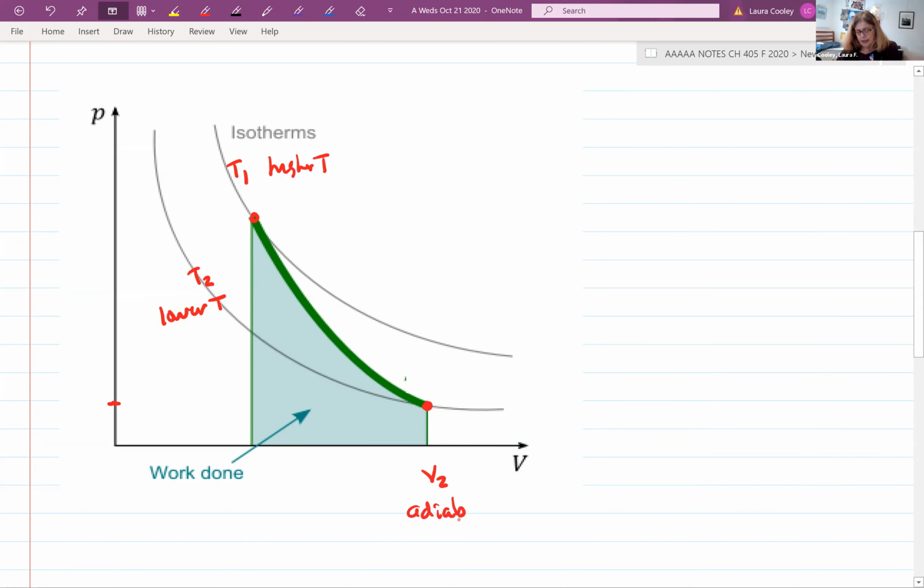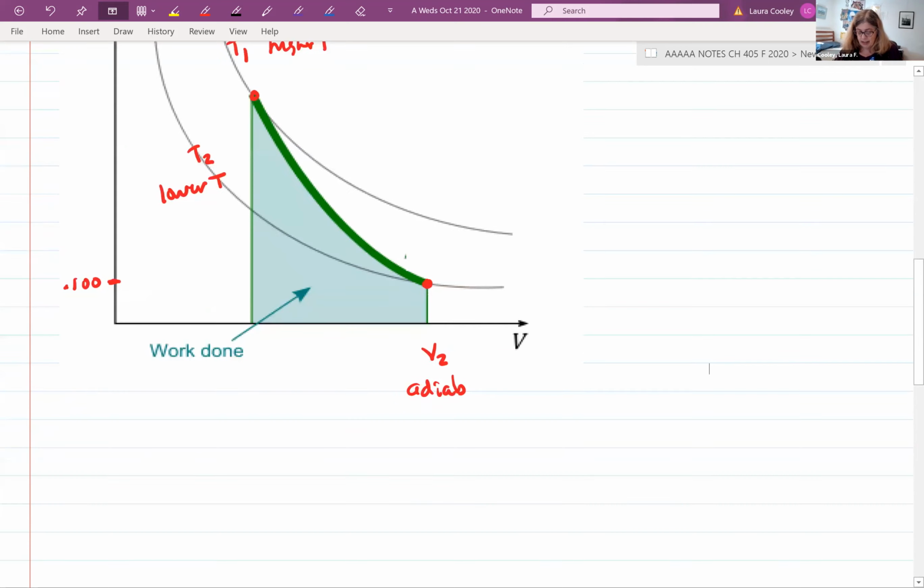Now, the final pressure will be 0.1 atmospheres, which is the same for the constant pressure in the adiabatic case. But because the temperature will be different, the final volume will be different. So this is different from what we did with the isothermal constant pressure and the isothermal reversible.